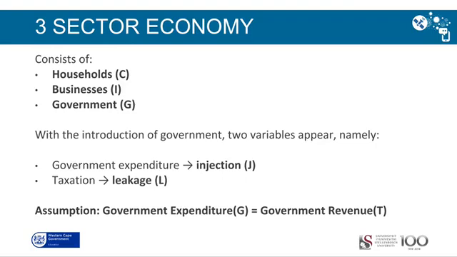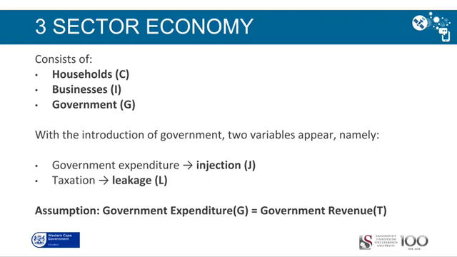And so therefore, when it's in the hand of the consumer or the businesses who are taxed on their income or taxed on their purchases, that then becomes a leakage. But when it's in the hands of the government, it becomes an injection, because it is this tax money that government has earned which they can use to spend on the goods and services which they supply. And therefore, that then is an injection.